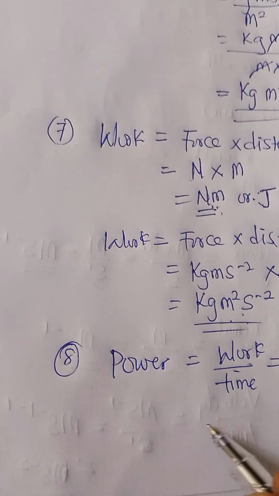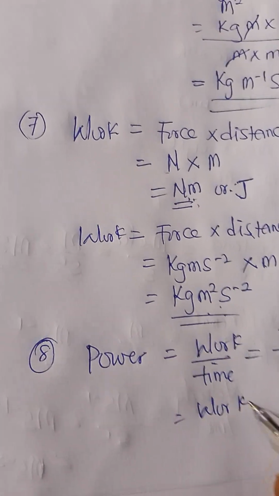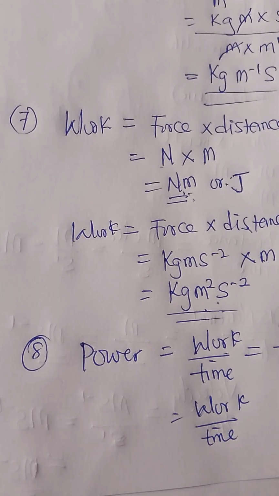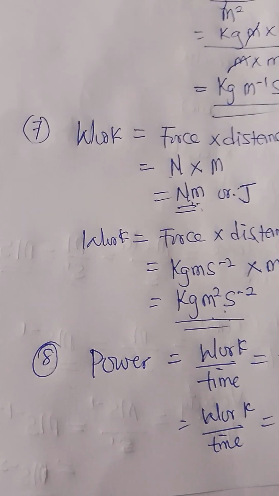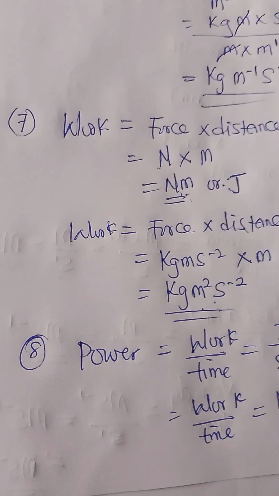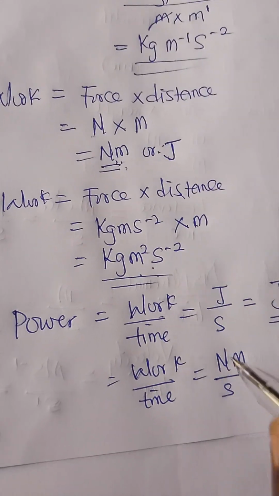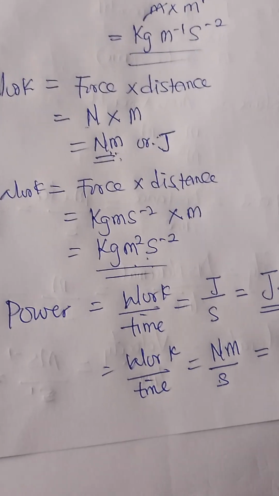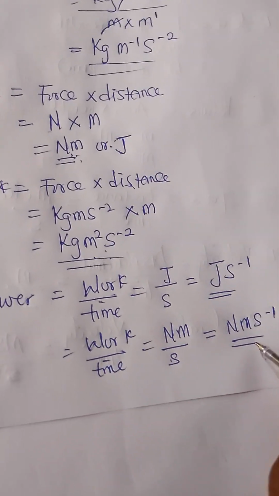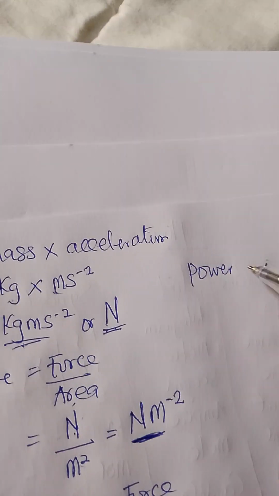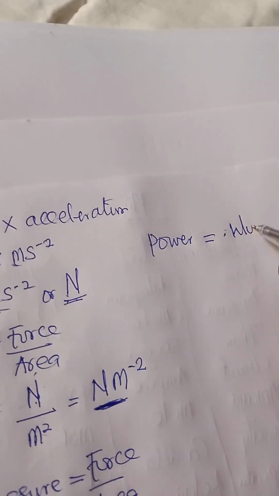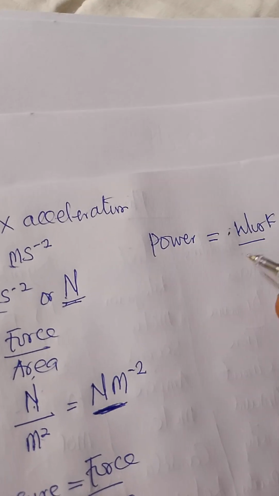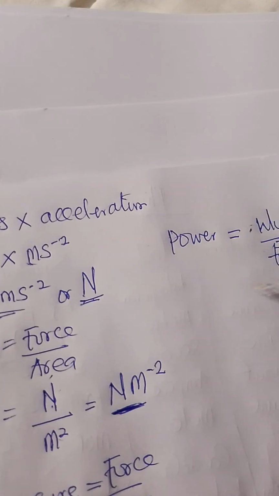Another unit for power would be work over time. So the unit for work here, I can use Newton meter divided by second. So if I divide Newton meter by second, I'm going to have Newton meter per second. This is also unit for power. Then we can also have another unit for power. Power will be equal to work over time.